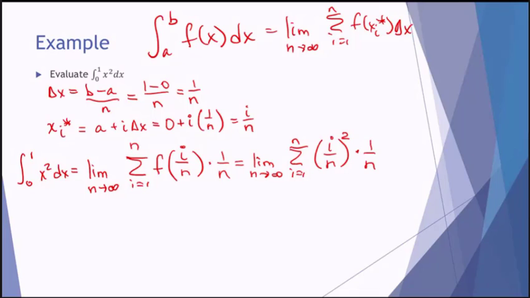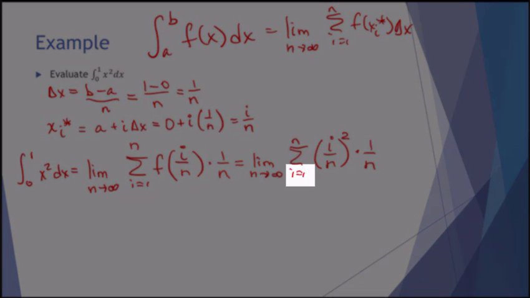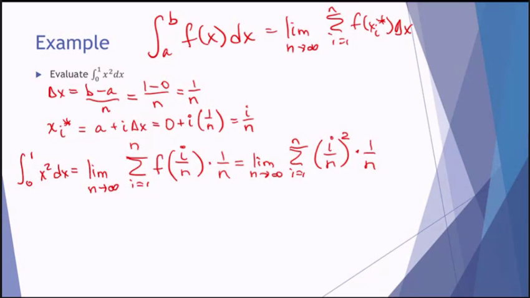What I want to do is take a look at the index. In this case, the index is i. What that means is i acts as the variable for this particular summation. That means anything that isn't i isn't a variable. It acts as a constant. And remember, what we can do with constants in summations is pull them out front.